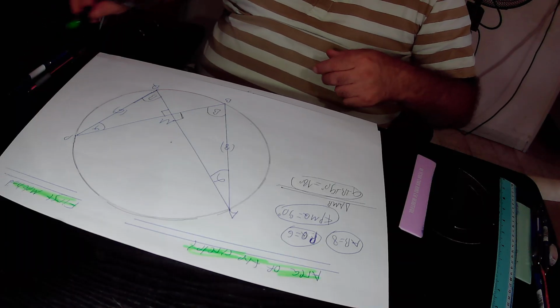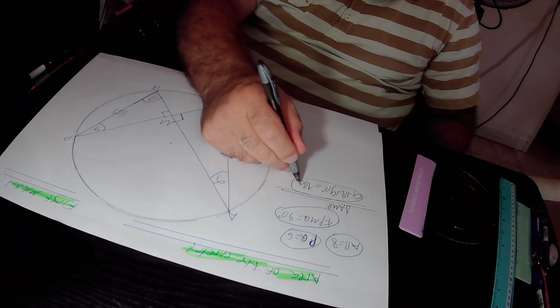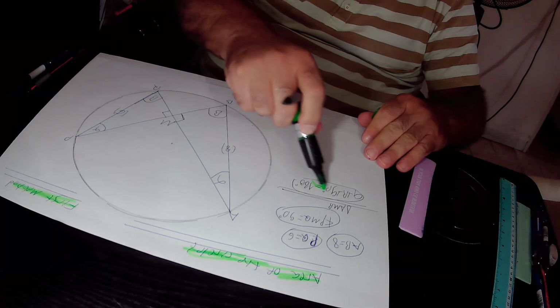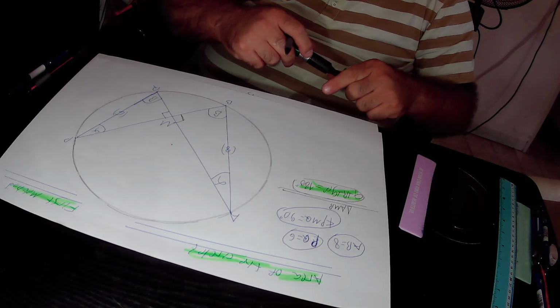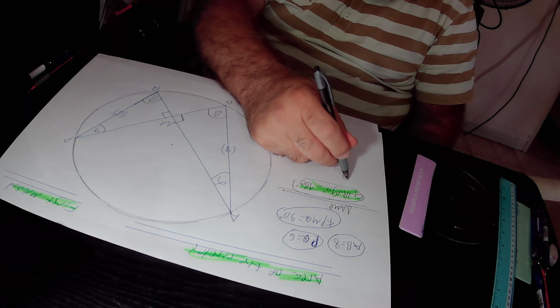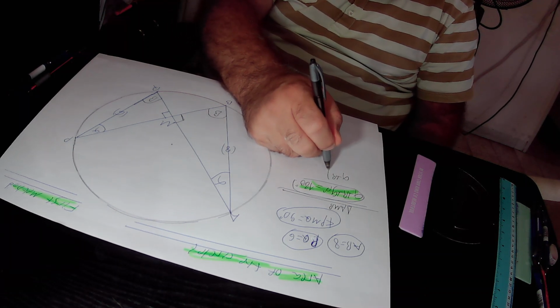Here we will subtract 90 degrees from this equation, and we will get that alpha plus beta equals 180 degrees minus 90 degrees, which is 90 degrees. So alpha plus beta equals 90 degrees.